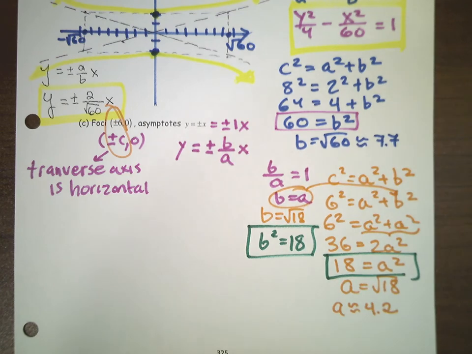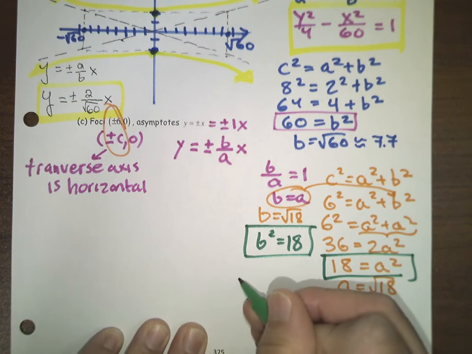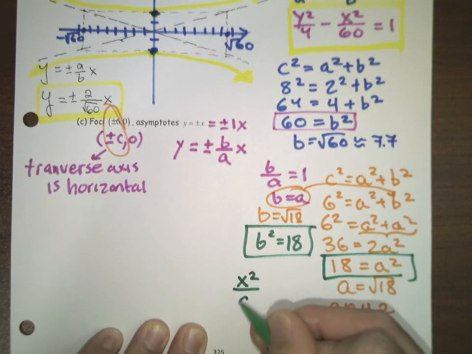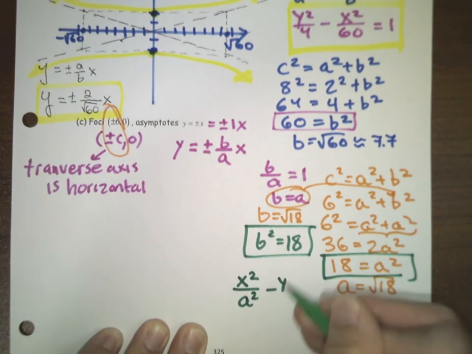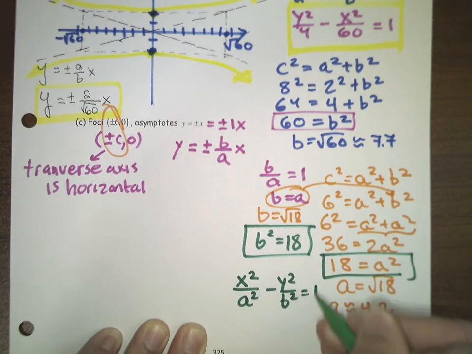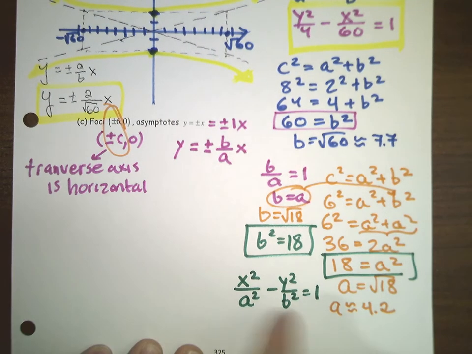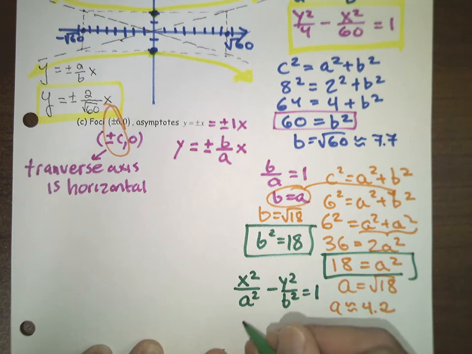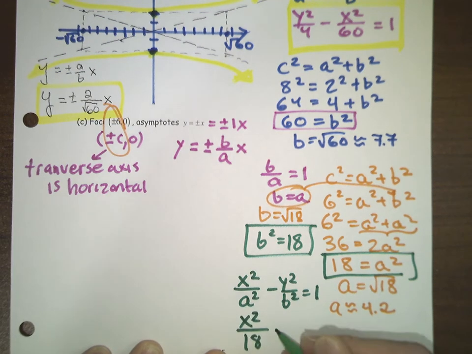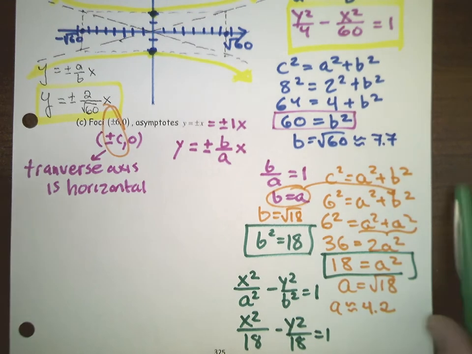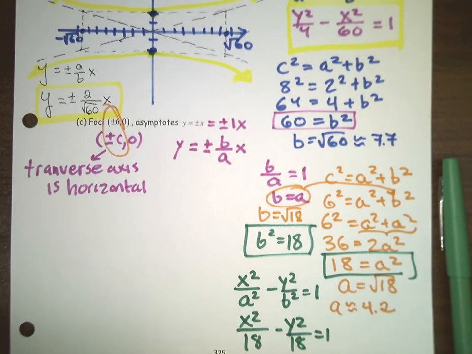So because this is a hyperbola with a transverse axis that is horizontal, the equation is of the form x squared over a squared minus y squared over b squared is equal to 1. And these are both equal to 18 here. So what do you have here? You have x squared over 18 minus y squared over 18 is equal to 1. So there is the equation of this hyperbola.